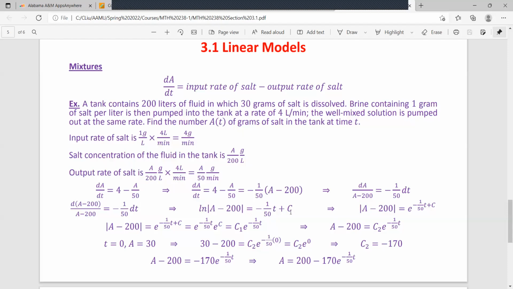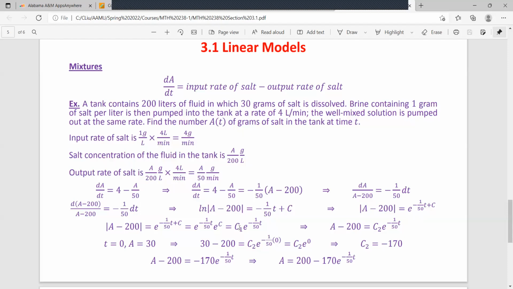Okay, once again, take the exponential on both sides. You're going to get absolute value of A minus 200 equals e to the -1 over 50 t plus c. And the right hand side can be broken up into two factors, e to the -1 over 50 t times e to the c, or we can call this e to the c as c1.